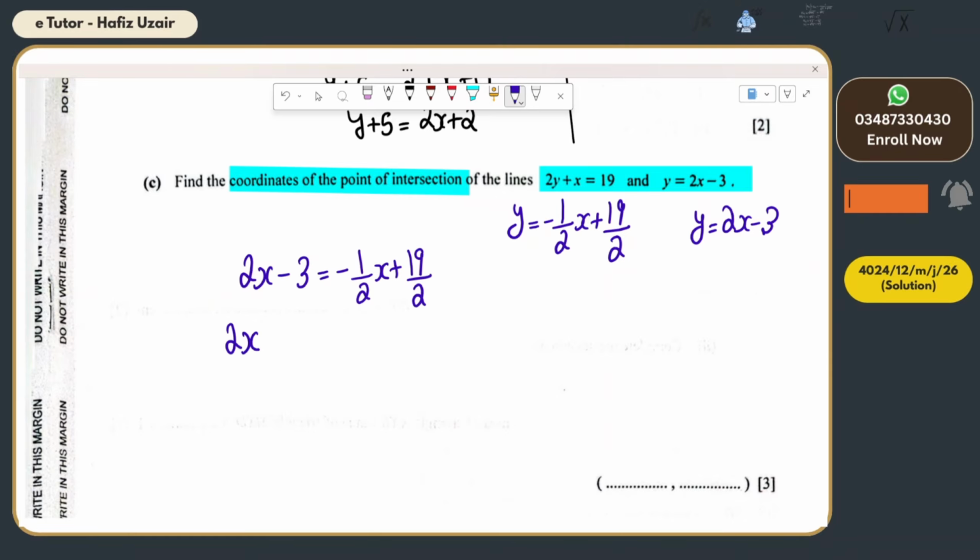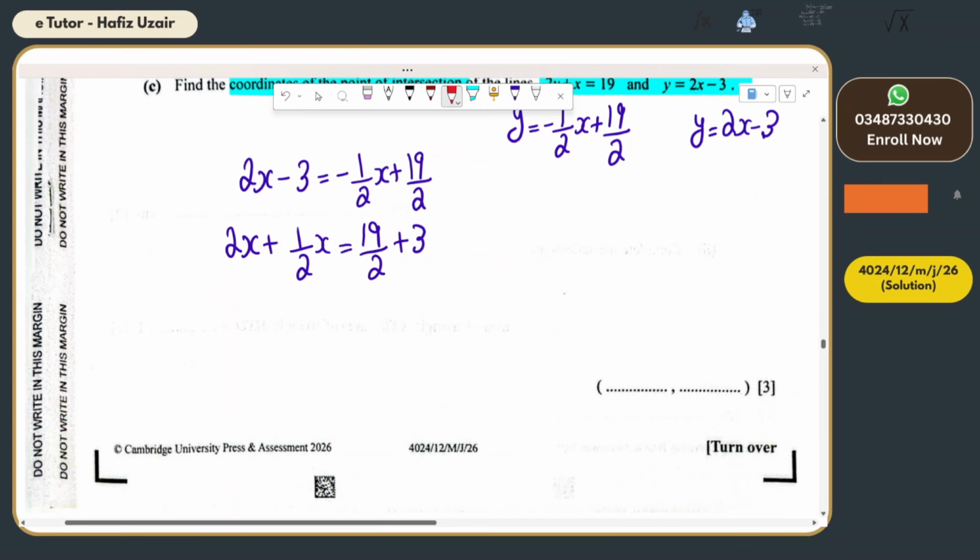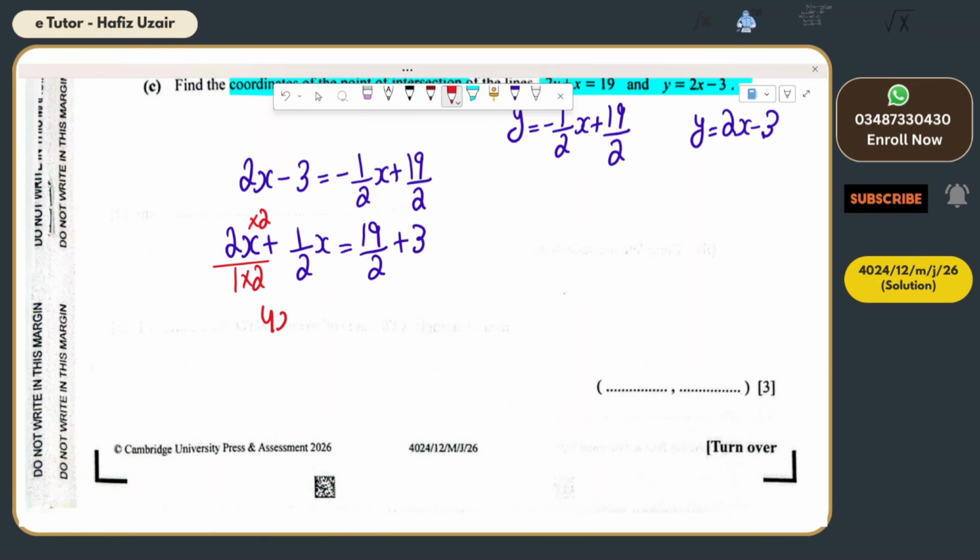So that will be 2x plus 1 over 2 x equals 19 over 2 plus 3. All right, make the denominator the same over here. We have 1 in the denominator, multiply by 2. So this will be 4x over 2 plus x over 2. Let's make the denominator the same over here as well. 1 multiplied by 2.